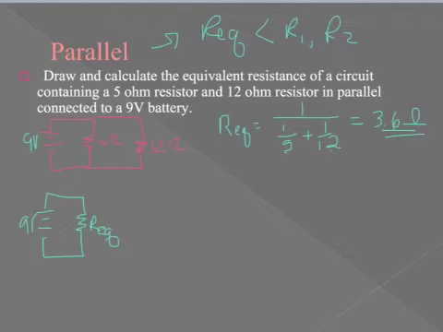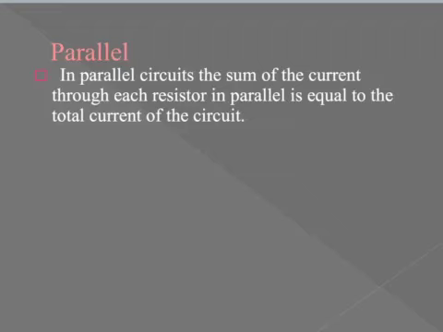Okay, so now that we have this, just like we talked about in the other one, we can also find the current. In parallel circuits, the sum of the current through each resistor in parallel is equal to the total current of the circuit. So if we have our circuit here with our resistors, we're going to have a certain current going through this one and another current going through this one.